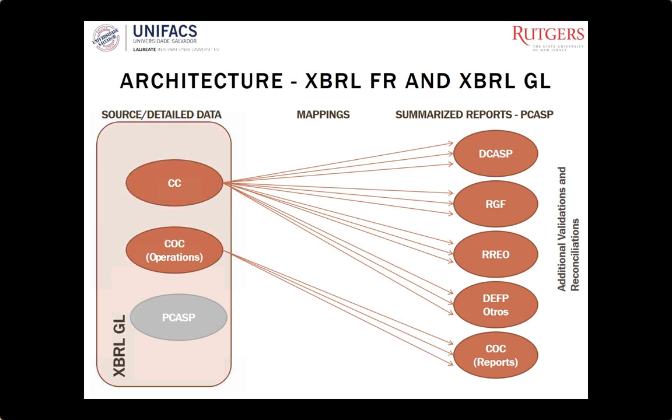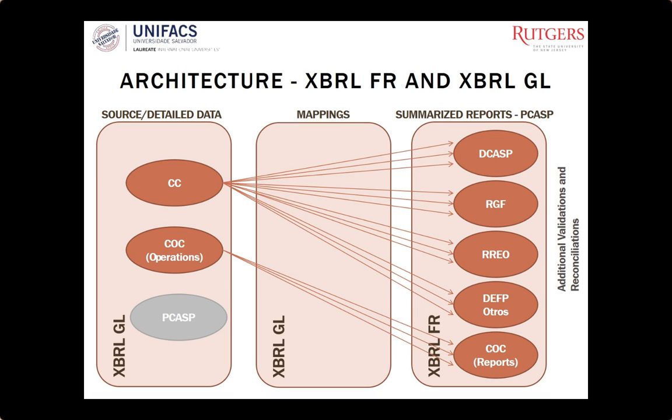The architecture is divided in layers. We have one layer of GL, of the basic entries, another layer of XBRL GL, general ledger, mapping to the summarized reports, and the layers of the rules based on XBRL Formula.